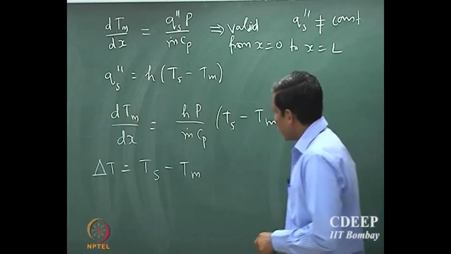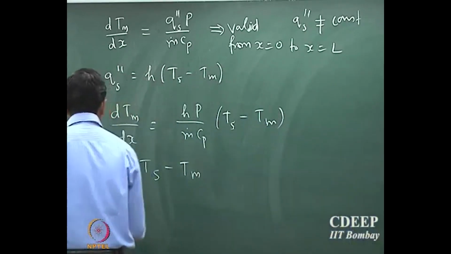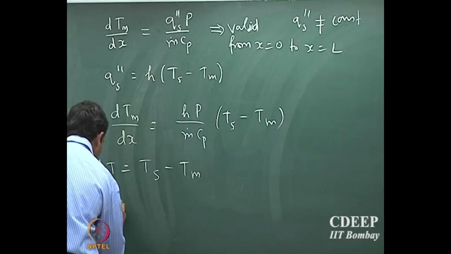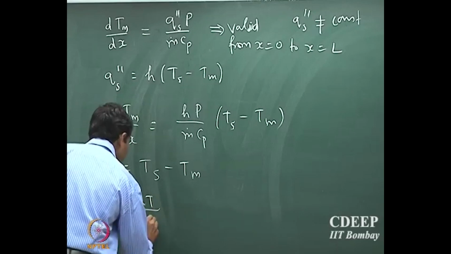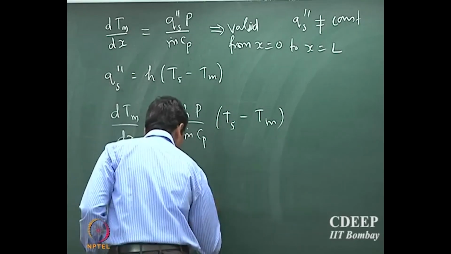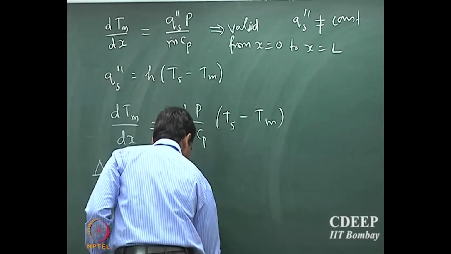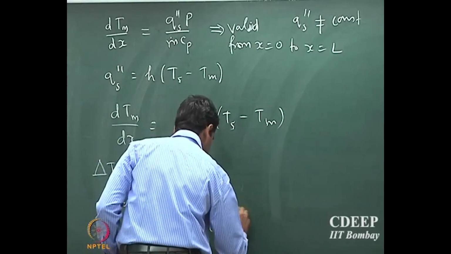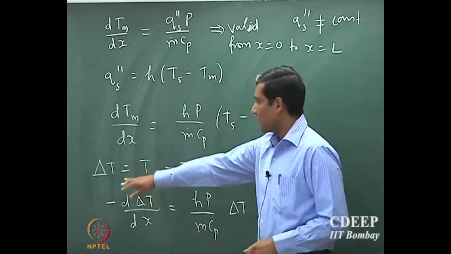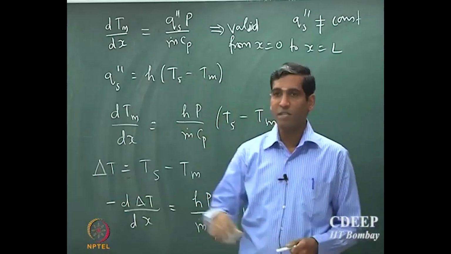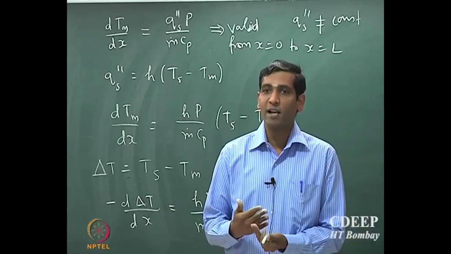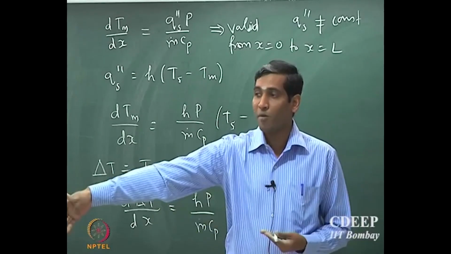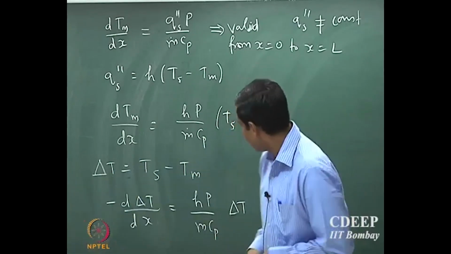Okay. And now I can replace the whole expression in terms of d delta T, in terms of delta T. There is a specific reason why I call it delta T. In fact, you will see in a short while what the rationale for that is and how you can connect with some of the experiments that you have actually performed in the lab. Okay.